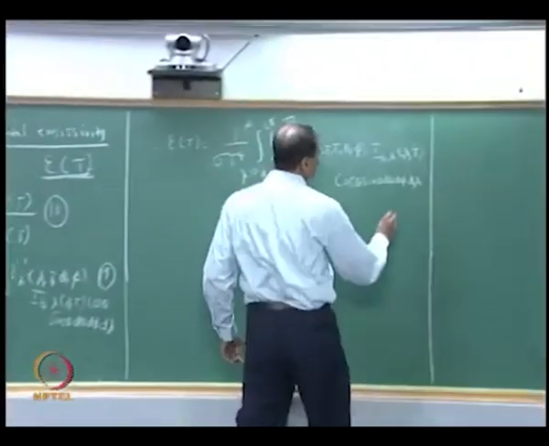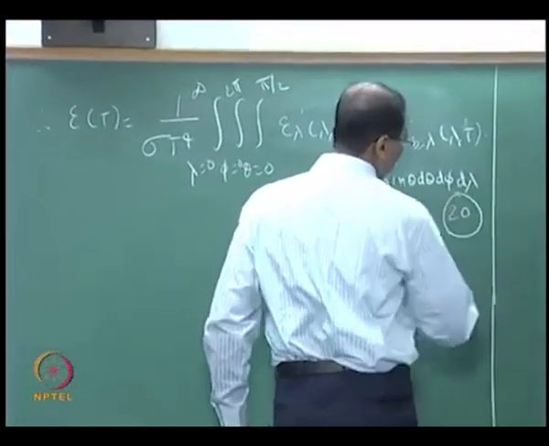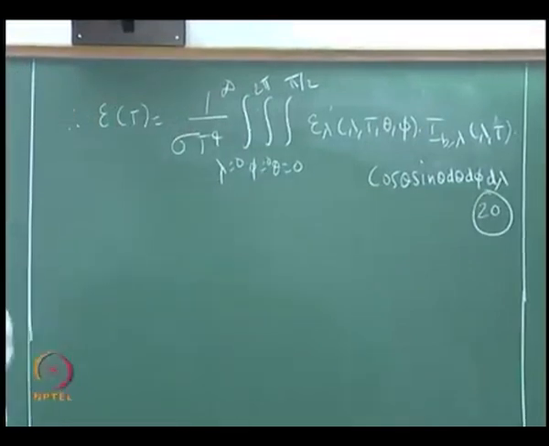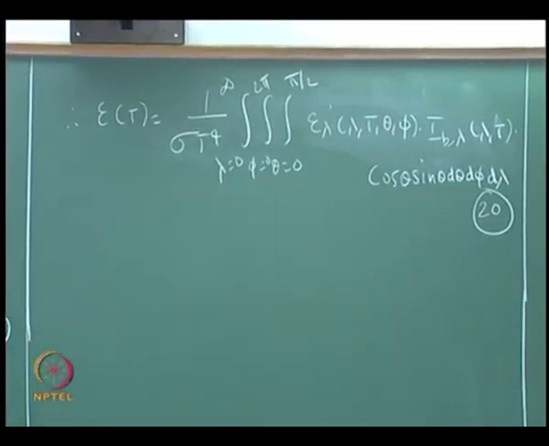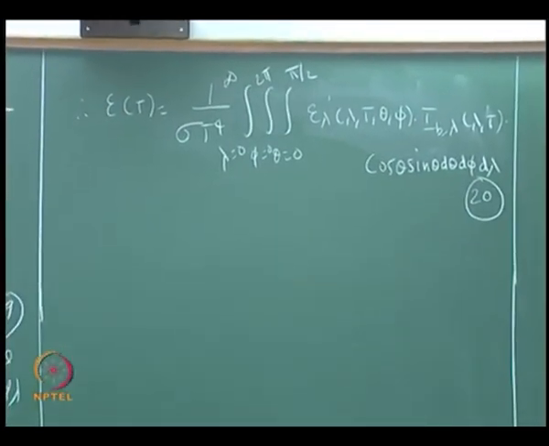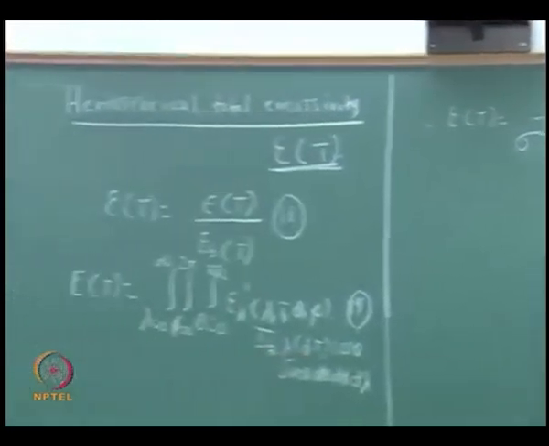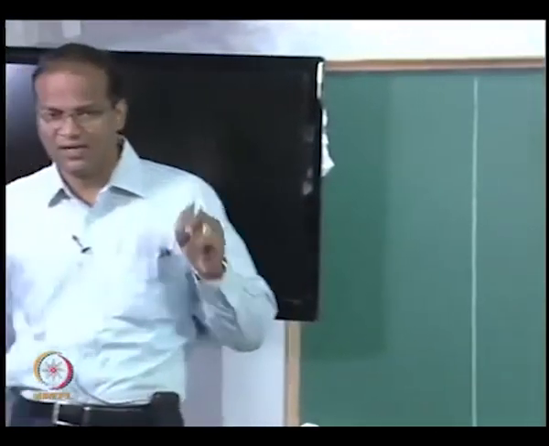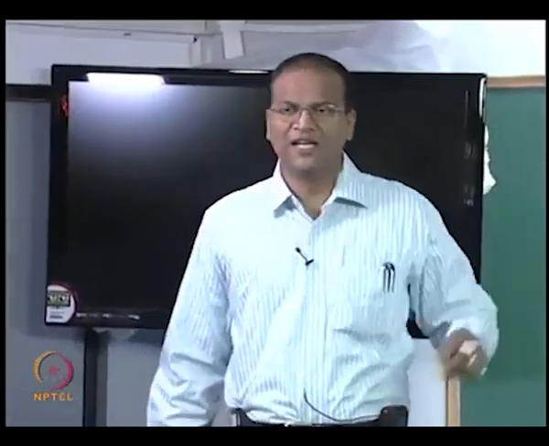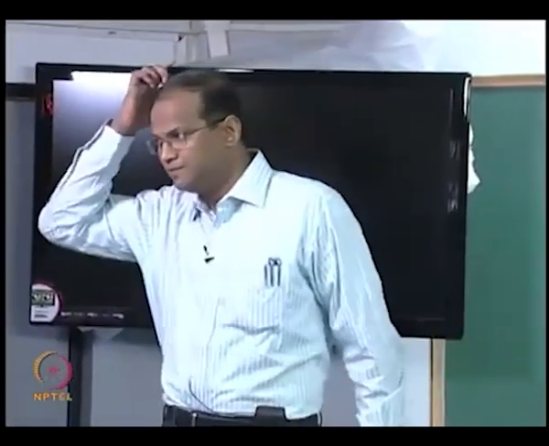It is a very important relationship because if you are given the spectral directional emissivity epsilon lambda dash, it is possible for you to accomplish the three integrations and get the epsilon, okay.